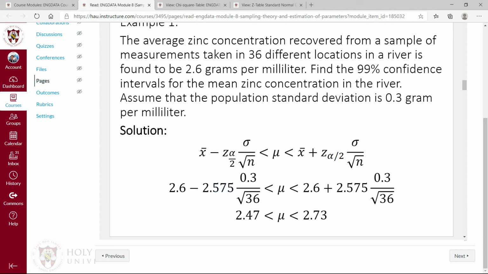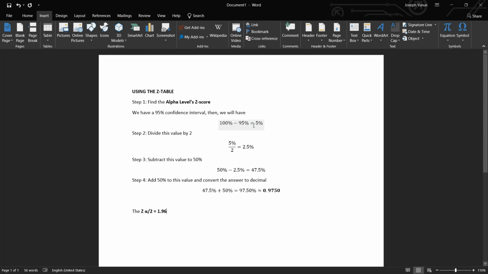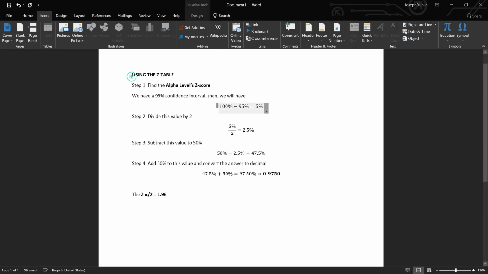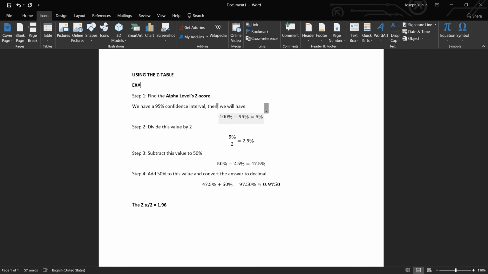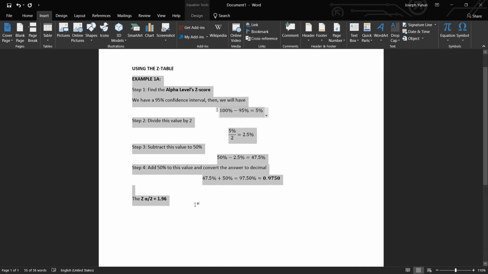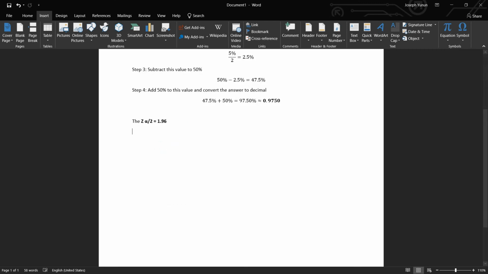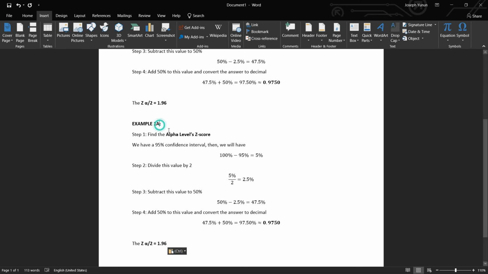Since it's a 99% confidence interval, let's say this is example 1B, at 99% confidence.